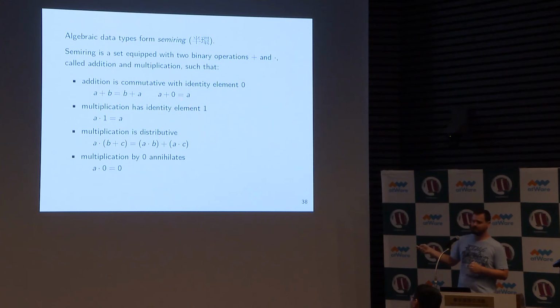They are very well-known laws like commutativity of addition, neutral element 0, neutral element 1 with multiplication, distributivity of multiplication, and multiplication by 0, which gives us 0. So the natural numbers and algebraic data types both form a semiring. So they both have the same properties. That's why we can see this analogy between natural numbers and algebraic data types.